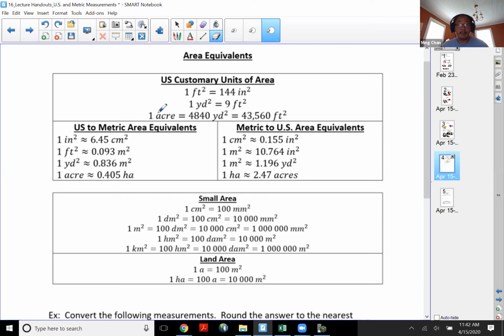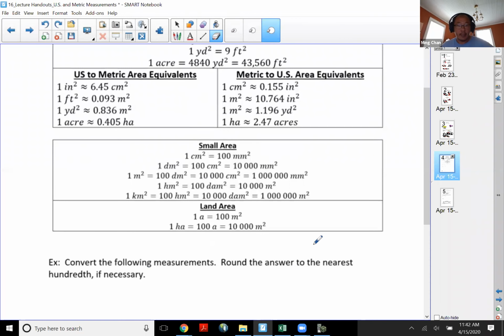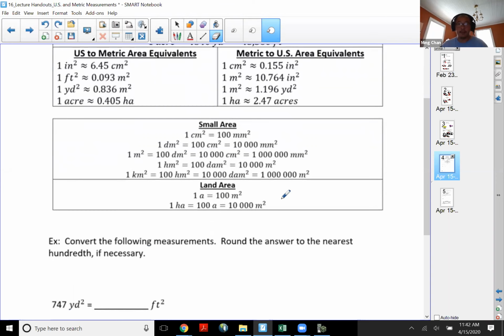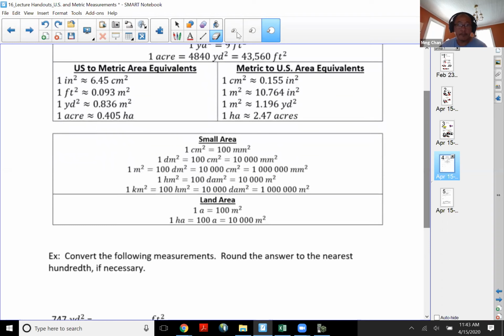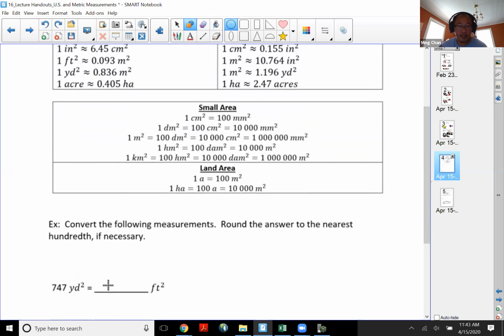And this is acres. Acres is not the same as ours. Down here is your US to metric area versus metric to US area. Down here, every single unit is actually metric area converting to metric area. So I brought back the area a little bit from earlier pages. I'll put them all together so we can see this a little bit easier.